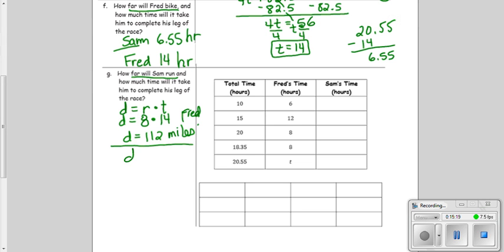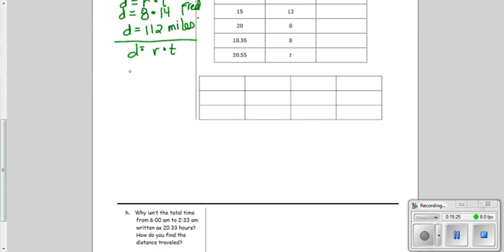For Sam, the distance is rate times time, and Sam's rate was 4 miles per hour, and his time was 6.55 hours.